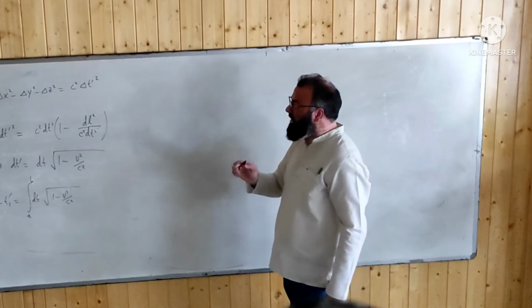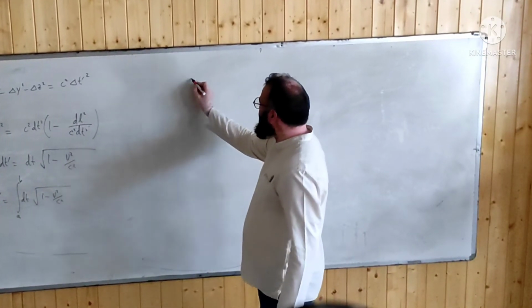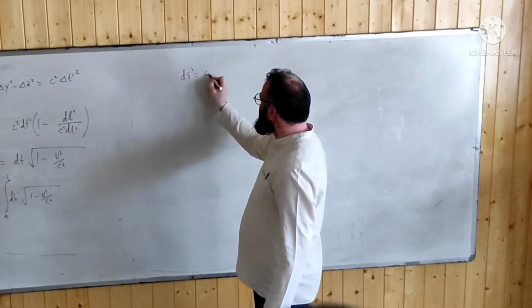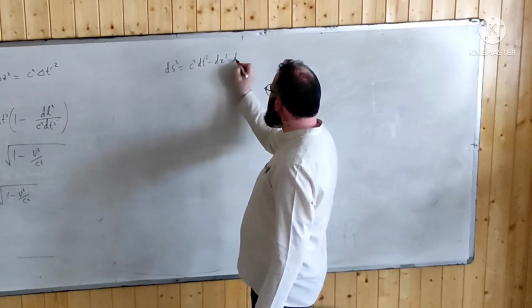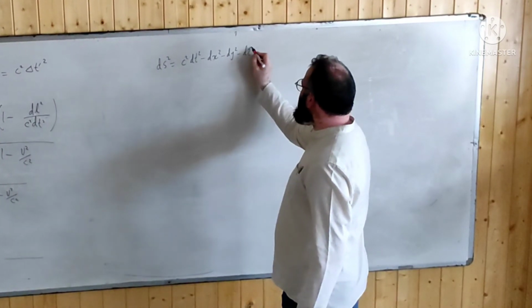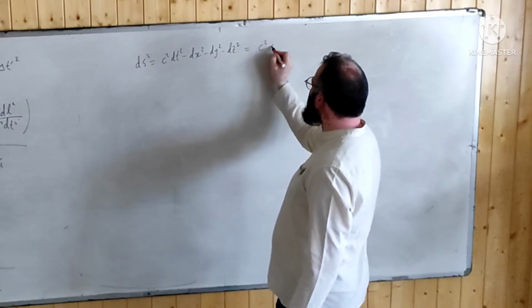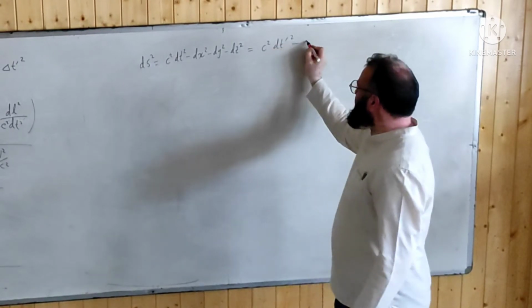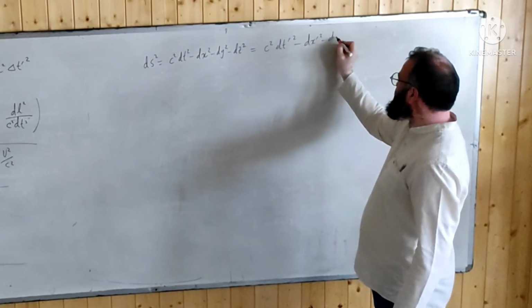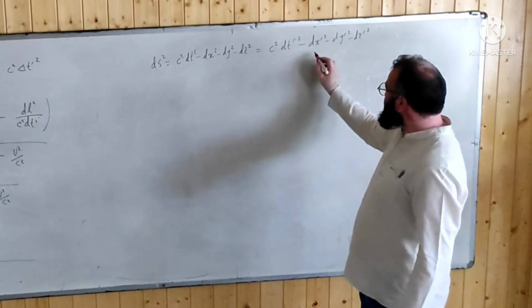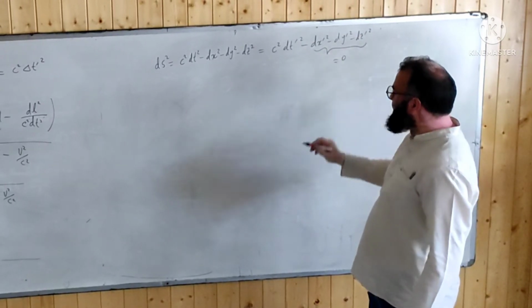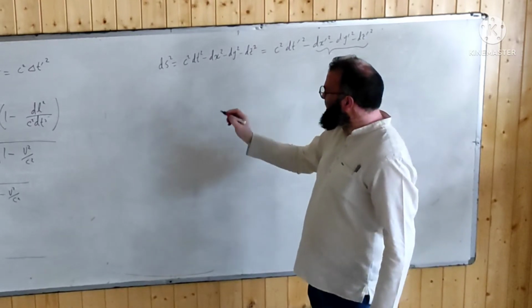Okay, let's check how. You have this relation: ds square is equal to c square dt square minus dx square minus dy square minus dz square. That is the same as c square dt prime square minus dx prime square minus dy prime square minus dz prime square. Since dx prime and the others are equal to 0 in our case, what does it give me?